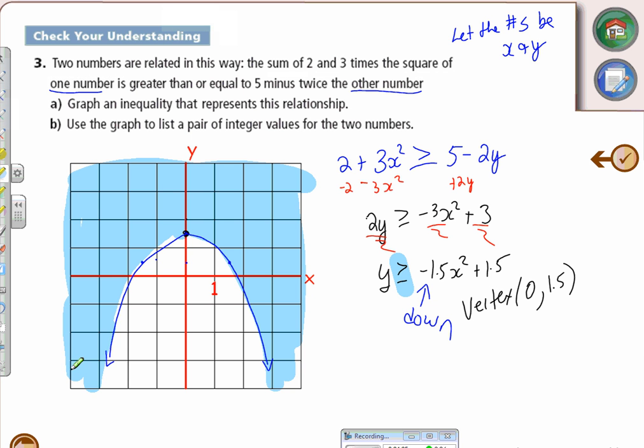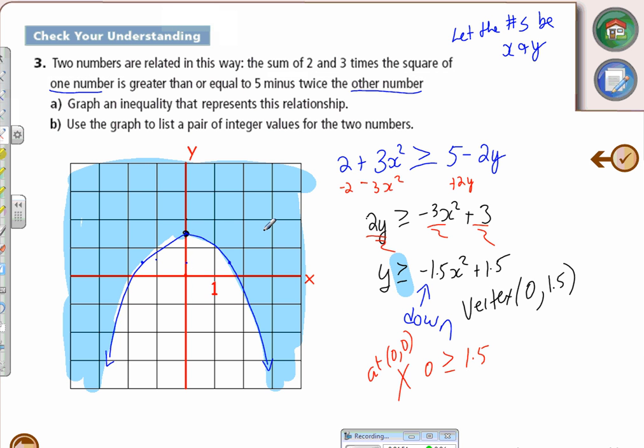Or looking at the point (0, 0): if I plug in 0 for the y and 0 for the x, is this true? No, this is not true. So I don't shade where the origin is. I shade the other side, which made sense.